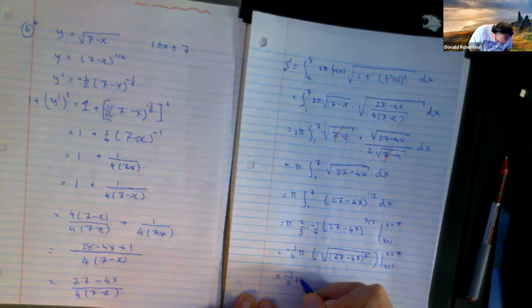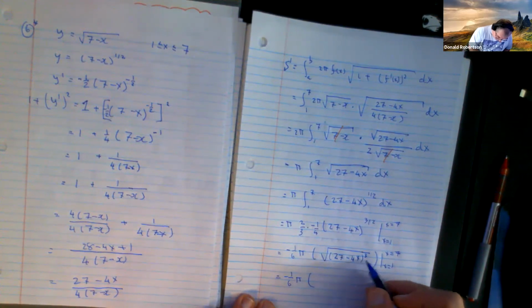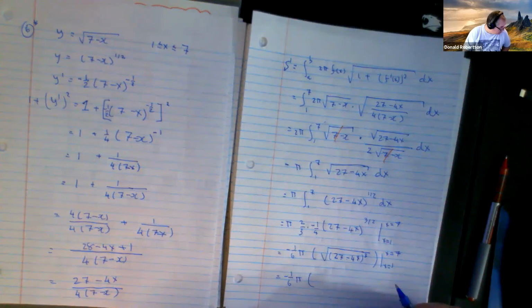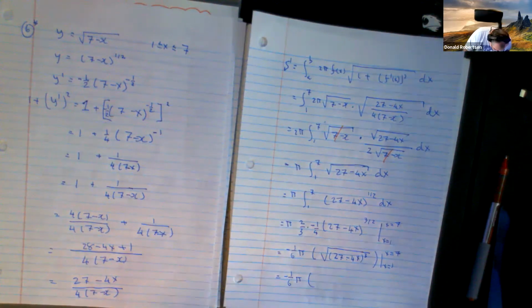Okay, if you plug in 7 here, you basically get minus 28 minus 1, and minus 1 cubed is what's worrying me. Anybody see a screw up? You don't want minus 1 cubed inside the square root.